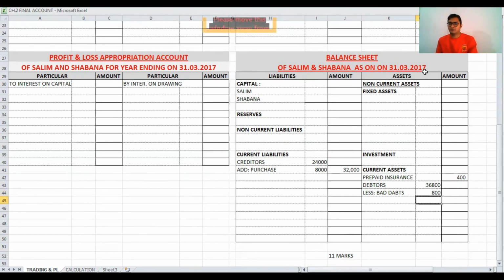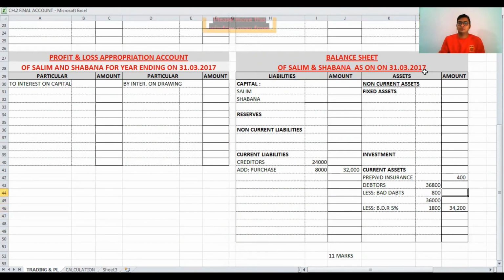So the net amount is 36,800 minus 800, that is 36,000, and we provide 5% for bad debts reserve. So less bad debts reserve at the rate of 5%, the amount comes to 1,800. From this 36,000 we deduct 1,800, and the net amount is 34,200.